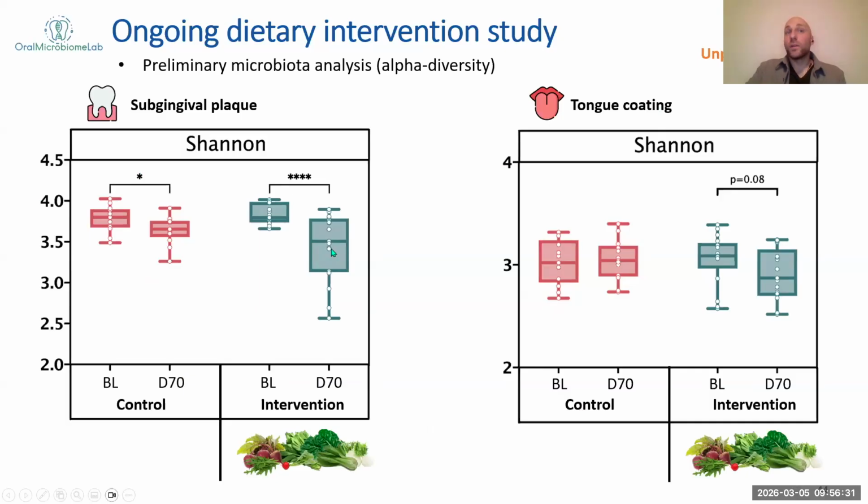When combining the periodontal treatment with nitrate-rich vegetables, there's a more significant and clearer decrease in diversity, which would be a beneficial change. And even the tongue coating, which is not affected by the periodontal treatment, appears to be changing in some individuals because of the nitrate-rich vegetables. So this is a very interesting study, and once again, I think that somewhere this year it will be published.